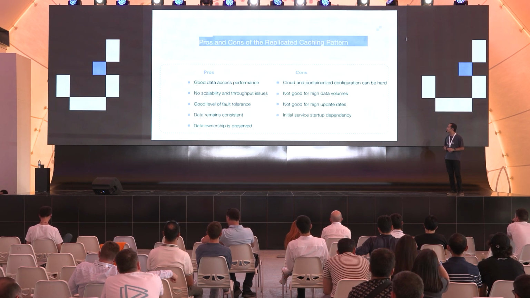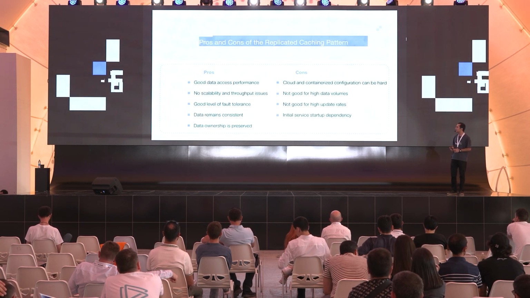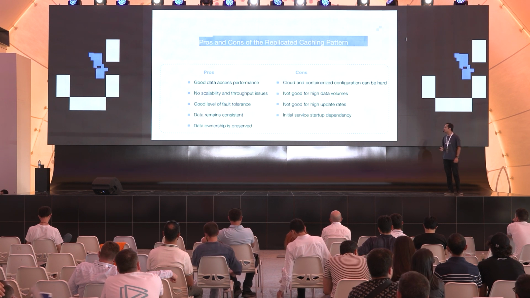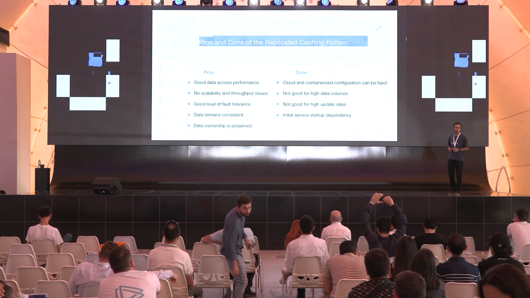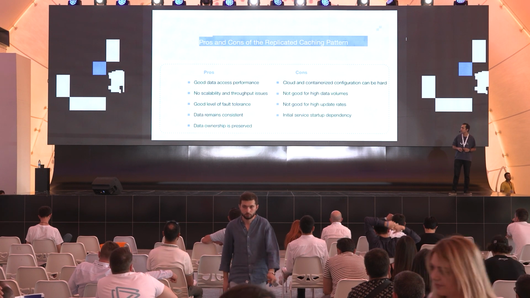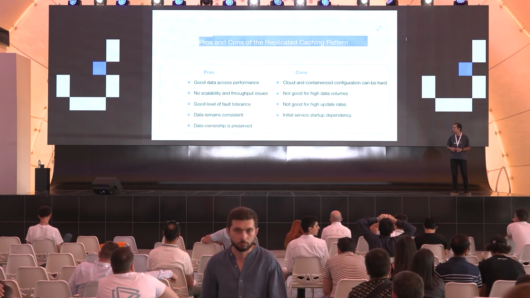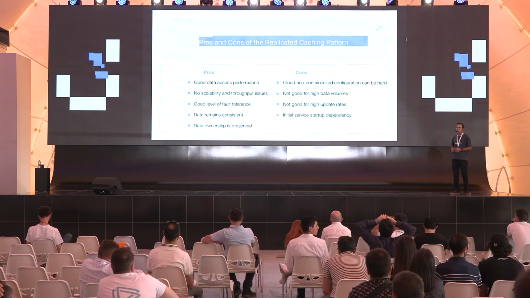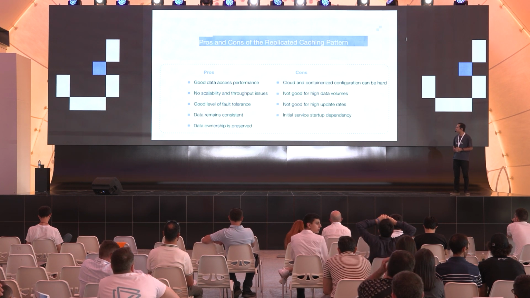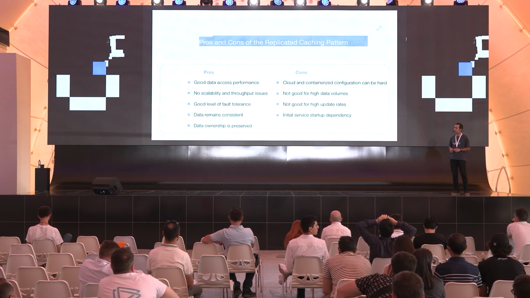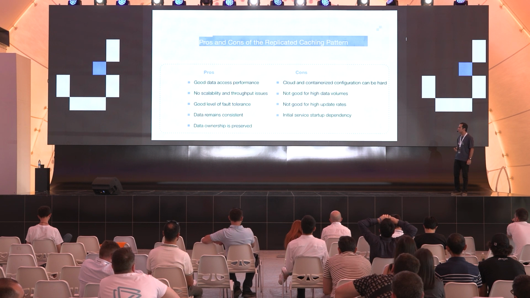And here are the pros and cons of the replicated caching pattern. It provides good data access performance. There are no scalability and fault tolerance issues. Data remains consistent and data ownership is preserved. But it requires cloud and containerized configuration.